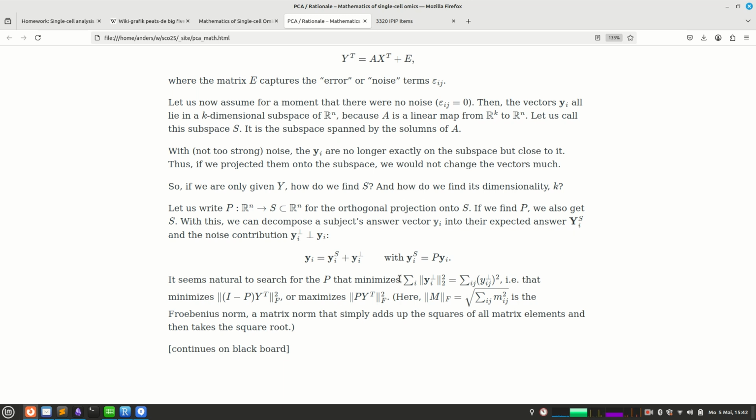You see, we assume that this basis here is an orthonormal basis.